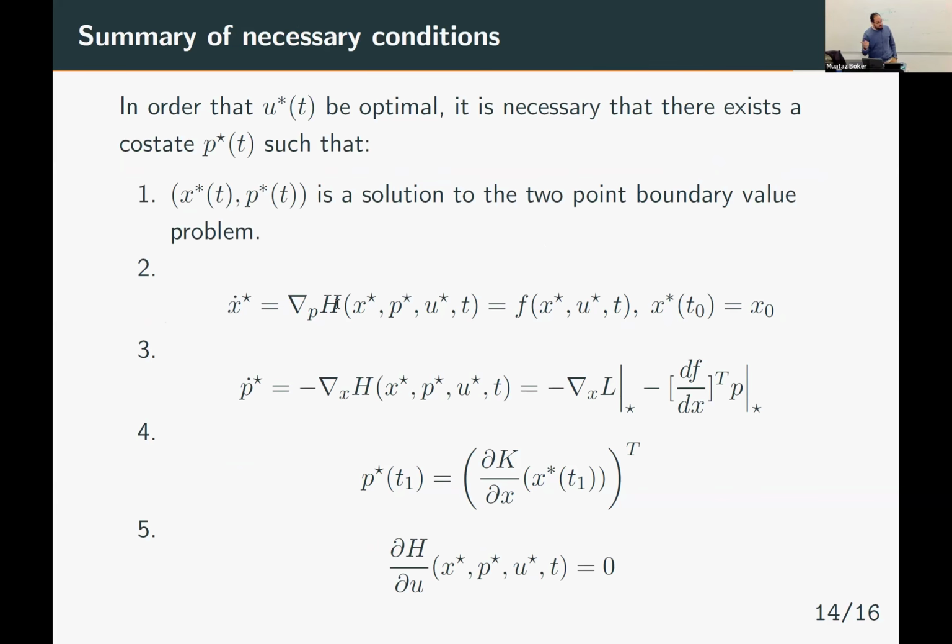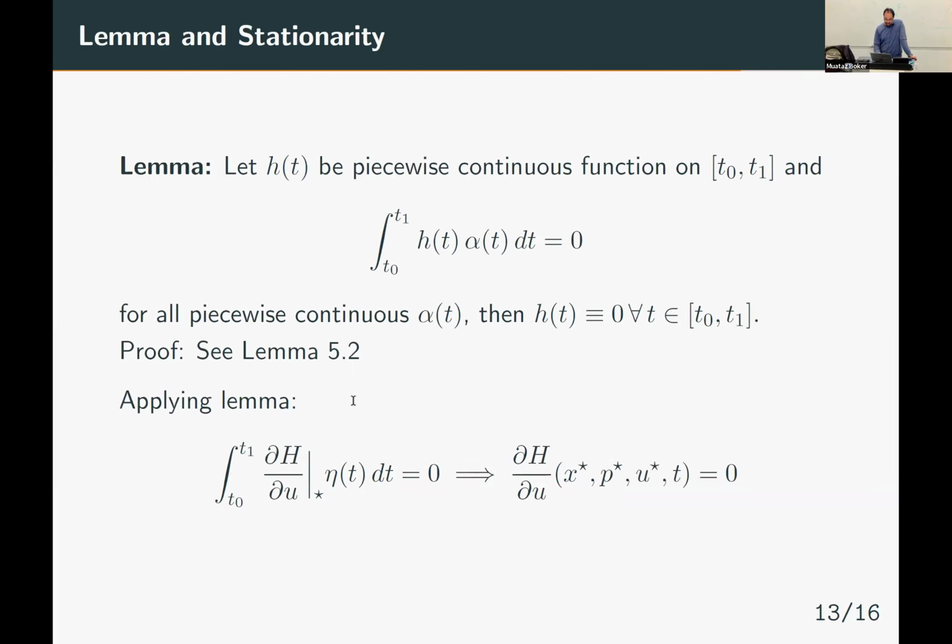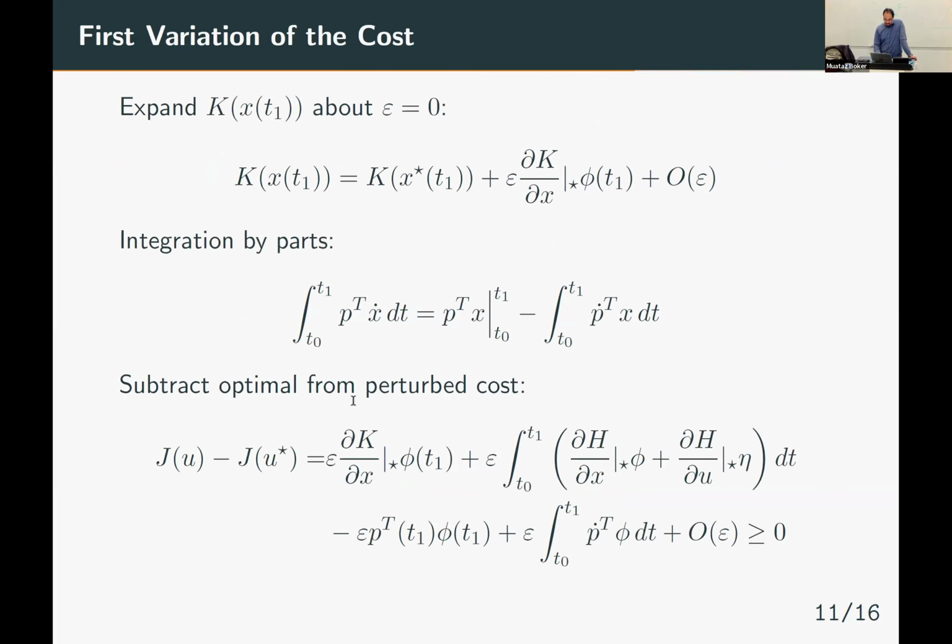Now P star dot is the negative of the gradient of the Hamiltonian with respect to X. Let's see how that happens.